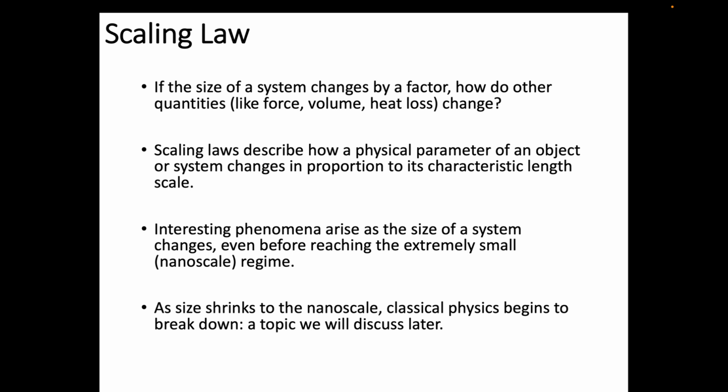As size shrinks to the nanoscale, classical physics begins to break down, and then we have to focus on quantum mechanics, a topic we'll discuss later. But here, interesting phenomena still happen even without quantum mechanics. Later it will make sense, as we go over several examples.